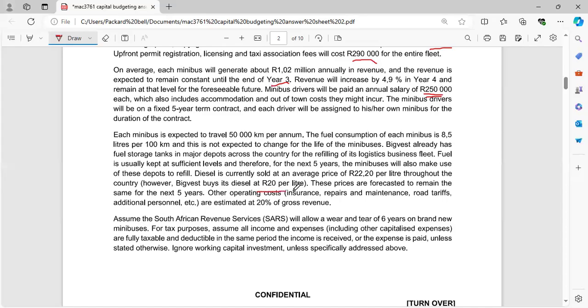So this is the cost they are going to incur per liter. These prices are forecasted to remain the same for the next 5 years. Other operating costs, insurance, repairs and maintenance, road traffic are estimated to be 20% of gross revenue. So these are the other operating costs, which means they are going to be the cost of operating the project.